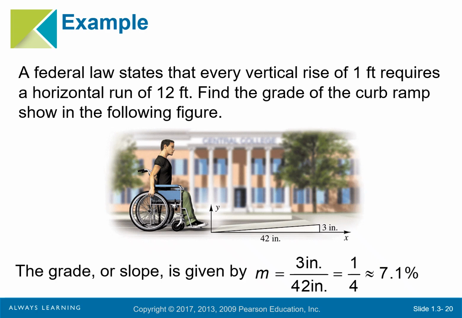Find the grade. I guess they're giving us 3 inches for some reason. I'm not exactly sure why. But if you're given 3 inches of rise and 42 inches of run, we can reduce that fraction and get 7.1%. Essentially our slope, or this grade, is always rise over run, 3 over 42. You put that in a calculator, and that's what we get as our percentage.